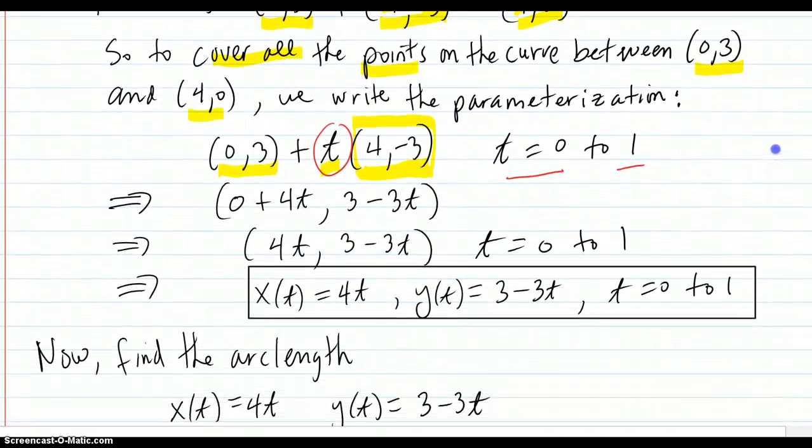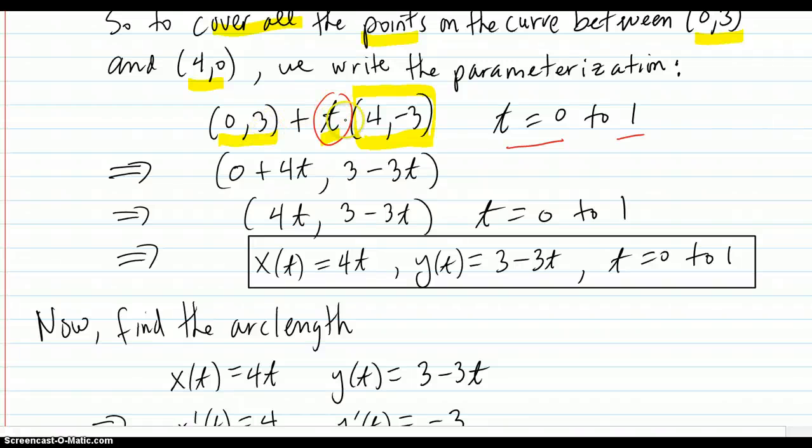Okay, so now let's simplify that down. 0, 3 plus t, 4, negative 3. Put that t in on those two components. And then add to here, so it'd be 4t plus 0 here, and negative 3t plus 3, that's here.